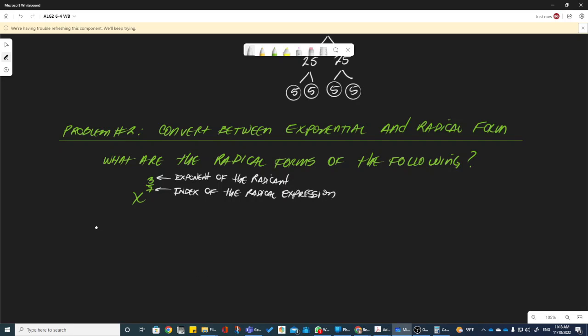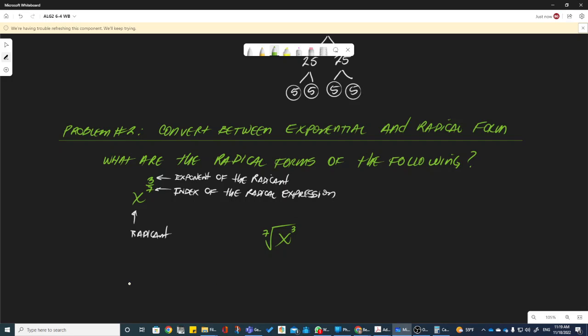And of course the base is going to be the radicand. So you're gonna put the radicand inside of the radical expression, and then you are going to put the 3 on the radicand, and then you're gonna put the 7 as the index of your radical expression.